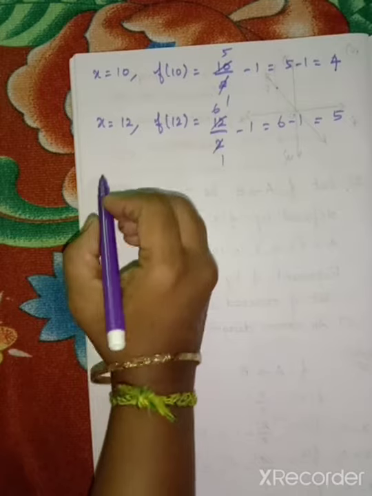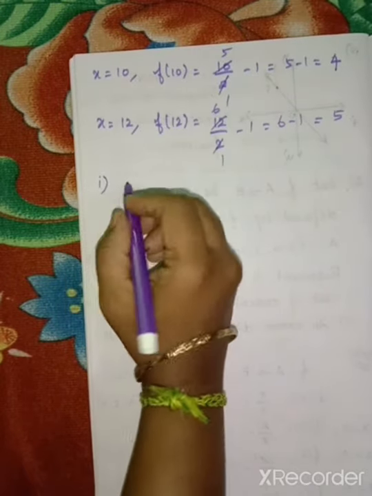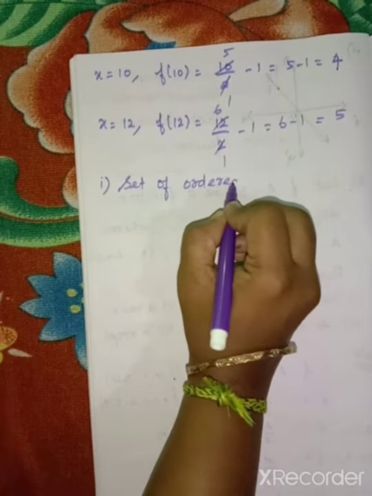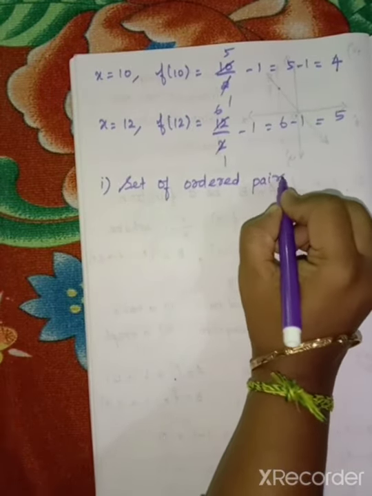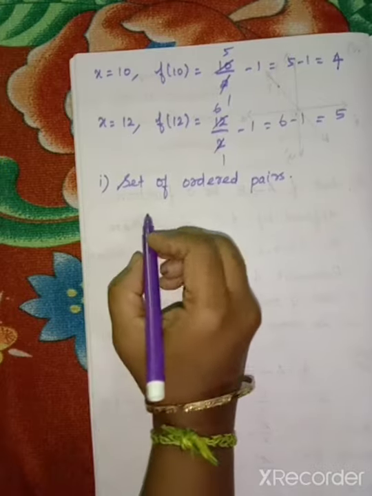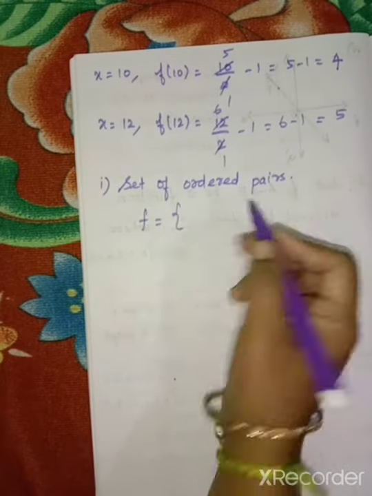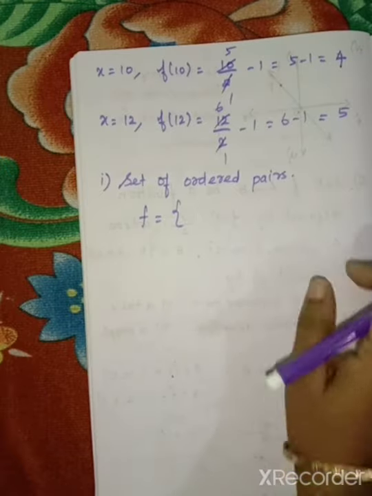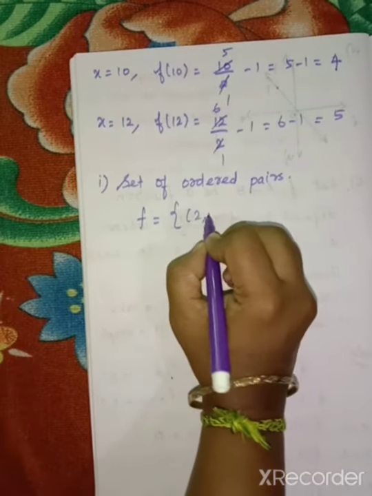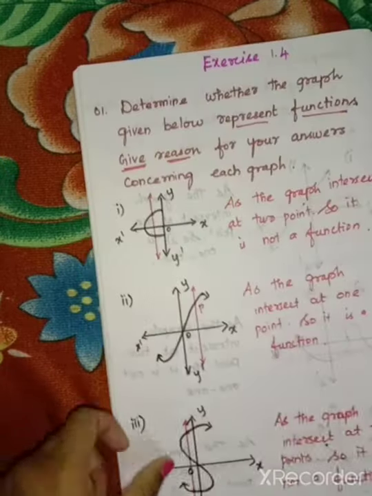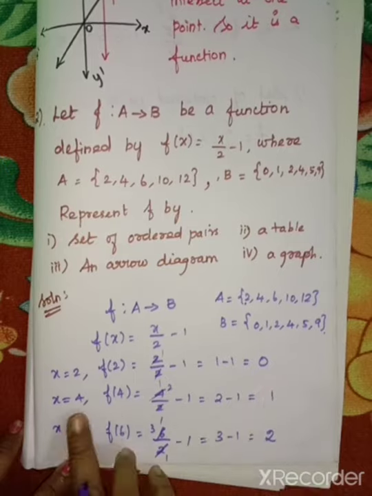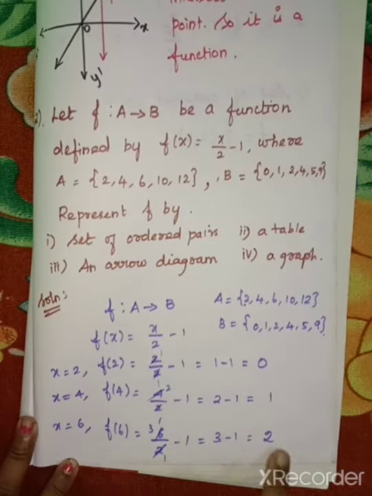Now we want to represent the function. The first one is a set of ordered pairs.